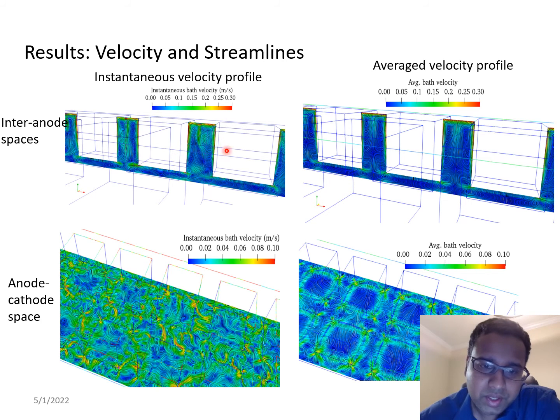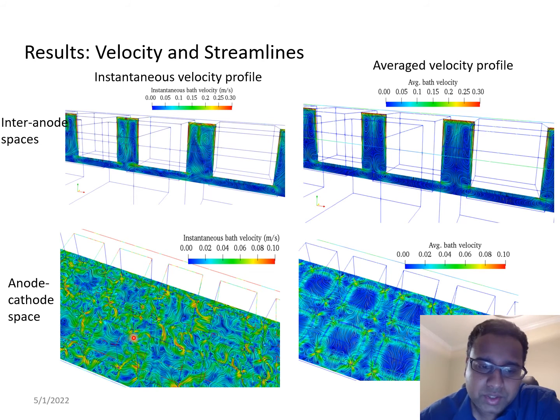As you can see, there are a multitude of vortices formed here, and there is a CO2 plume, and these vortices keep oscillating in the lateral direction. And the average profile looks like this. And typically for one cell, if you ignore the symmetry, we notice about 3 vortices, 1 here, 2 here, and 3 in this corner.